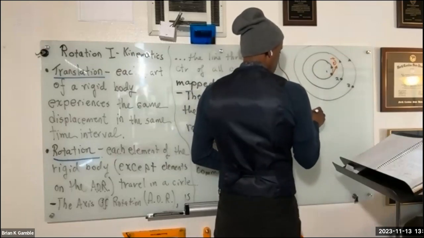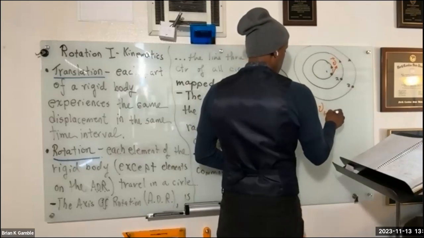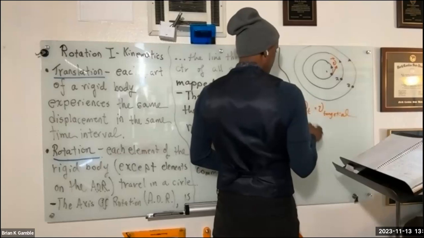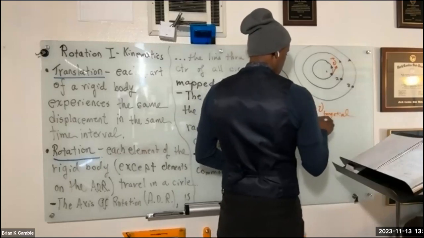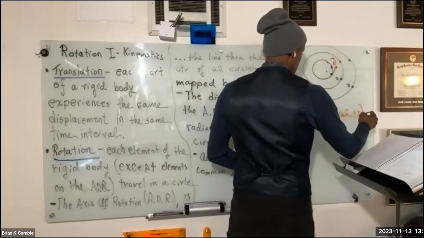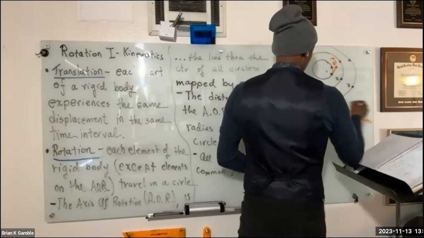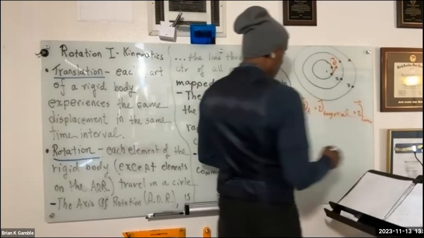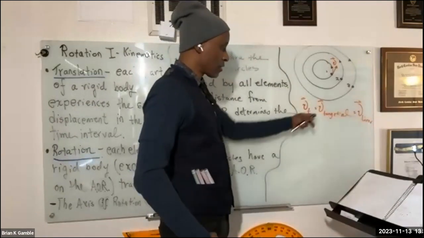So v sub t, or v tangential, is the same thing as the linear velocity. That was also what we called just v, and we usually put a coordinate on it, like vx. Hope you can see that. And there is going to be a radial velocity that we'll define momentarily that is related to this.